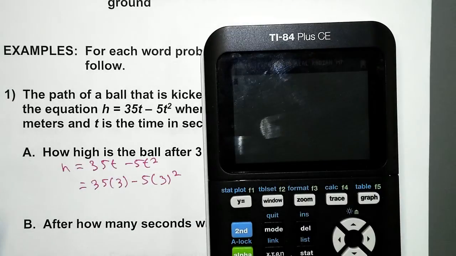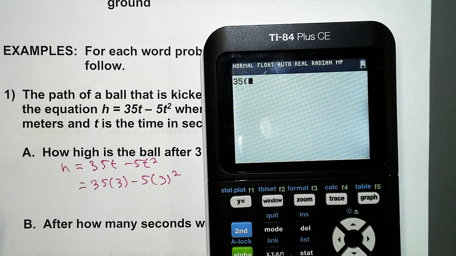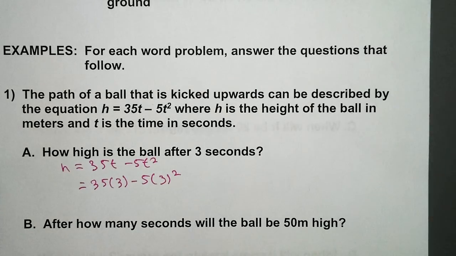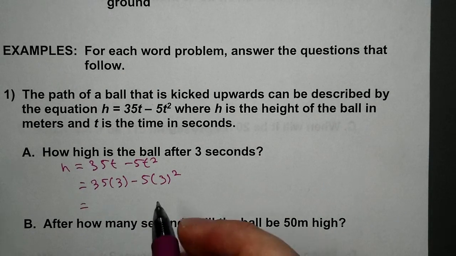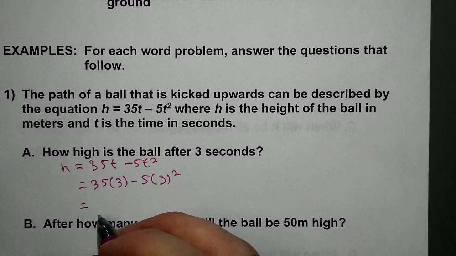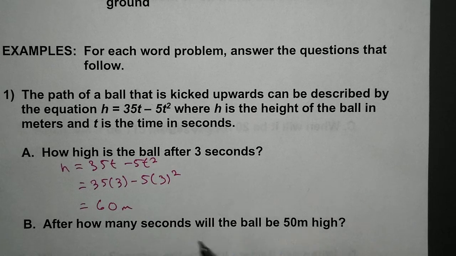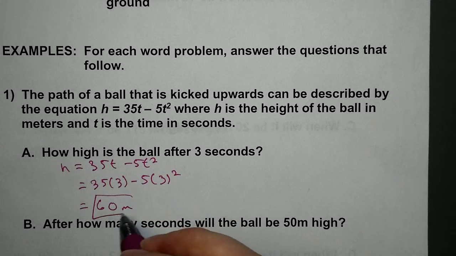And when we plug that in, 35 times 3 minus 5, 3 squared, we get 60. So the ball will be 60 meters high after 3 seconds.